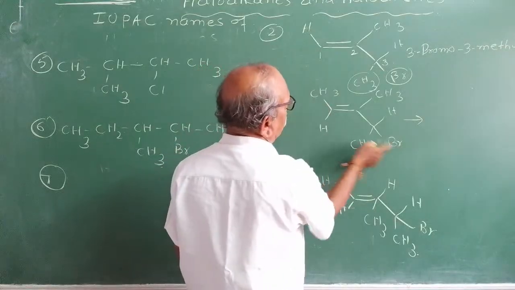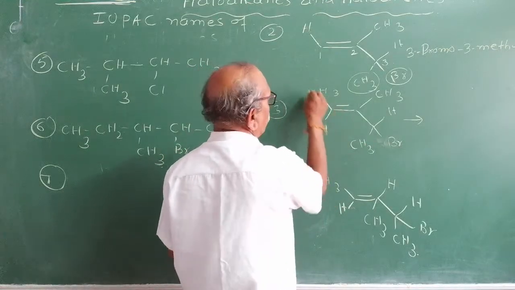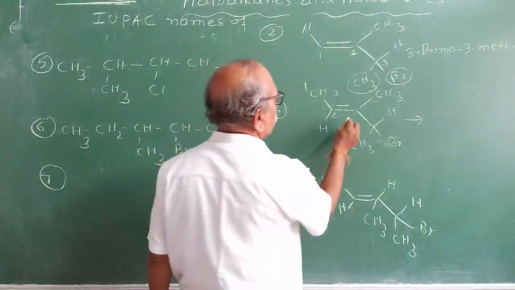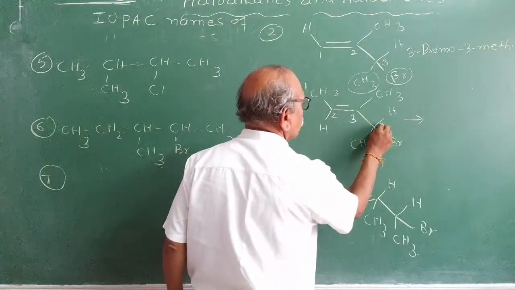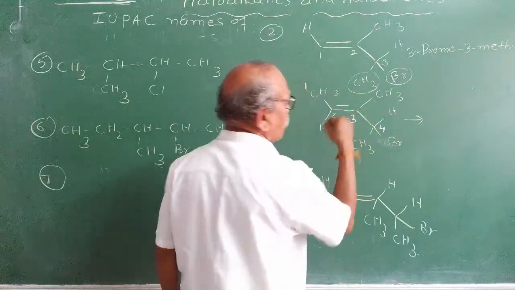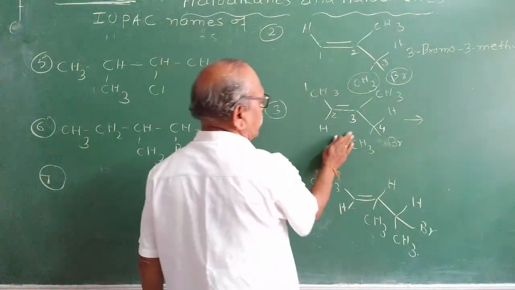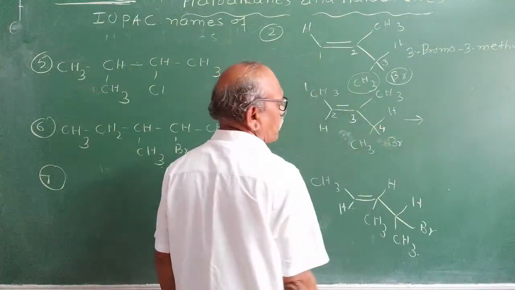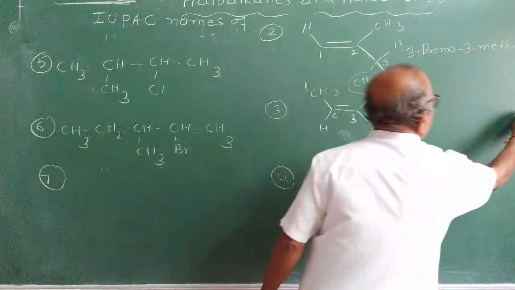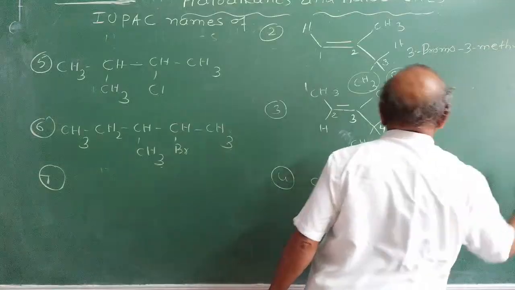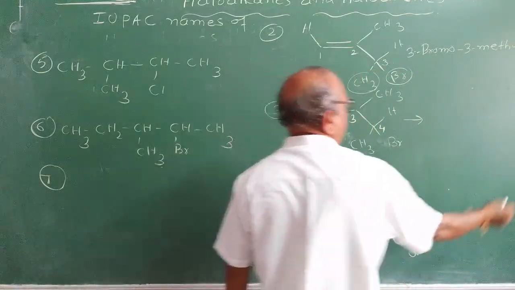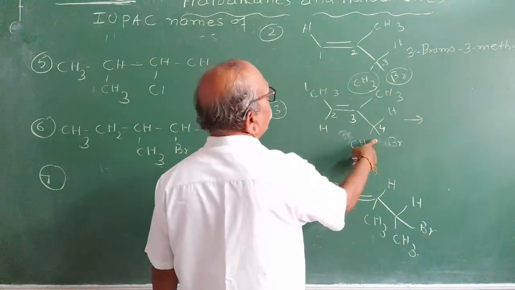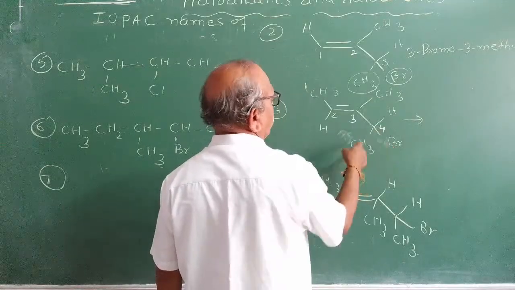Check. The numbering of carbon atoms has to start from the double bond. 1, 2, 3. This one is 4, and this one is 5. Or is it in the side chain? Side chain: 1, 2, 3, 4. Therefore the parent chain contains how many carbon atoms? 4. 4 means but. What is the suffix you are using? Ane. What are the prefixes? 4-bromo, 4-methyl. Exactly.